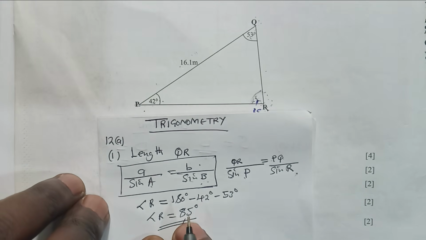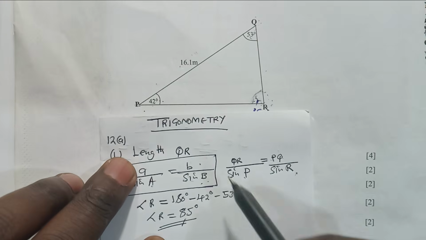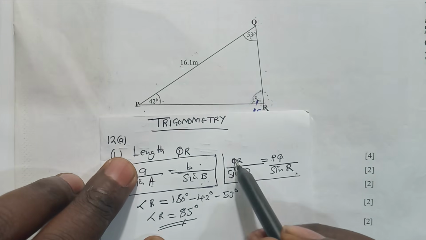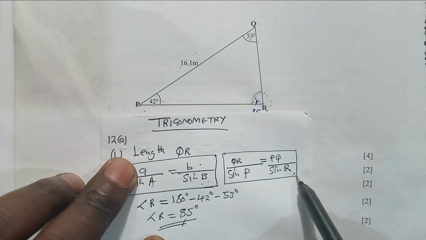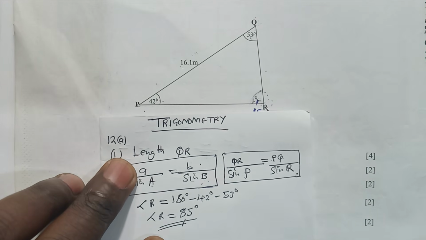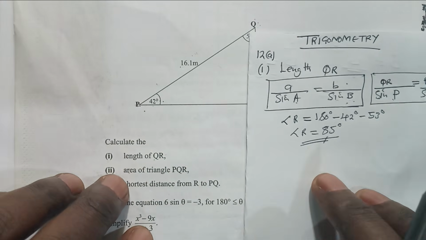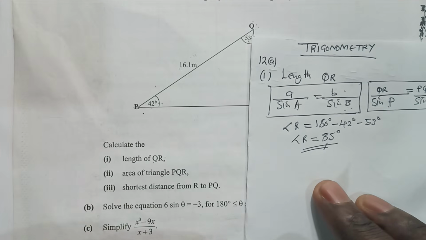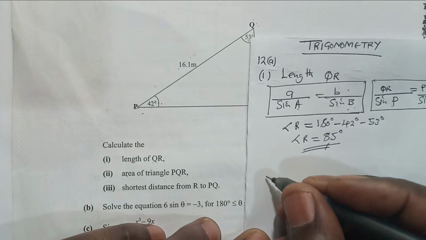Having calculated this angle, we can now go ahead and use this part of the formula that we just developed. We are going to substitute. QR is going to be maintained.